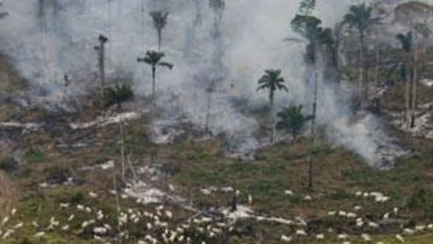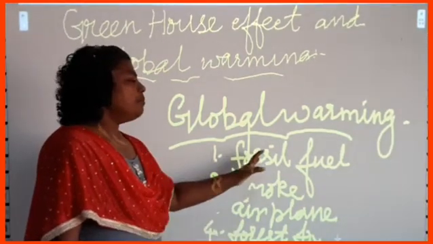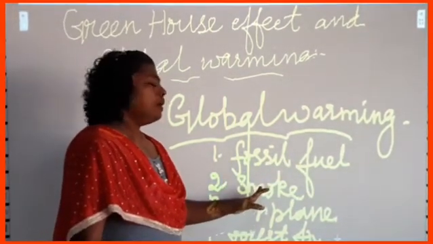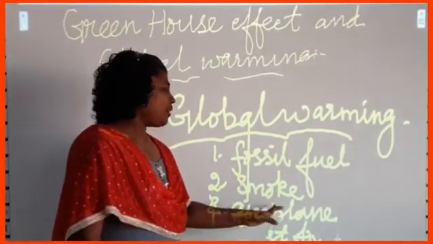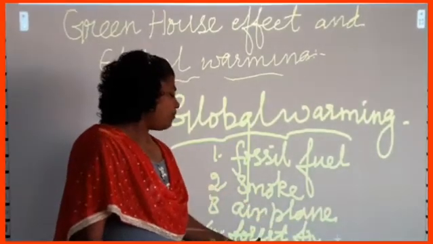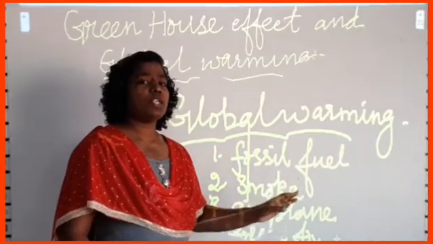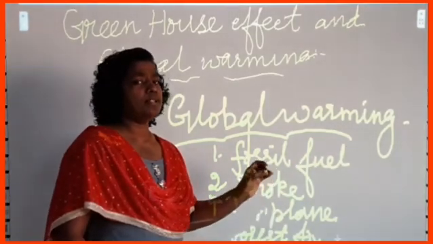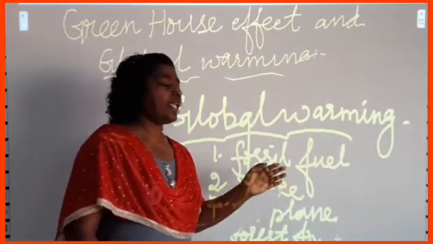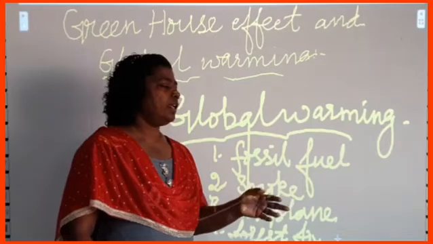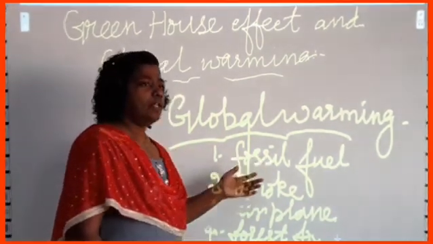So the reasons for global warming are the burning of fossil fuels, the smoke from factories, aeroplanes flying in the skies, forest fire, and rapid destruction of forest for agriculture and other purposes. Apart from that, we can see cattle rearing, and also the expansion of towns and cities also affects the earth.